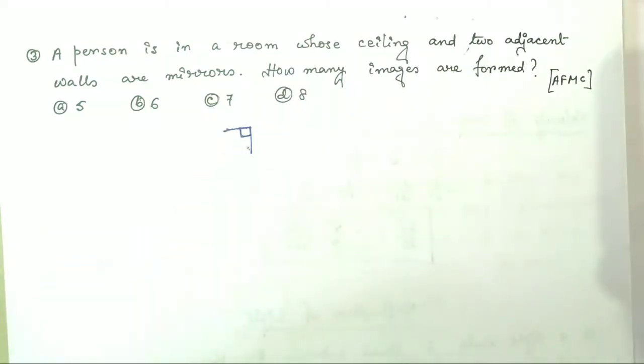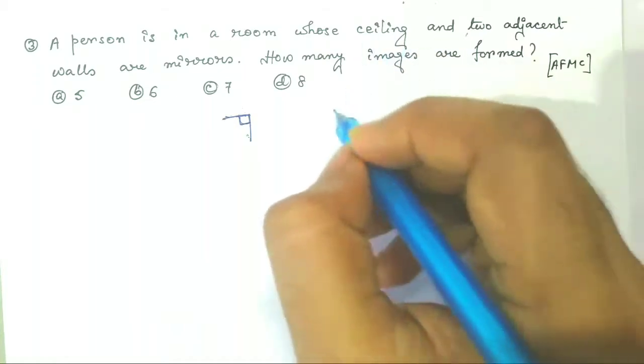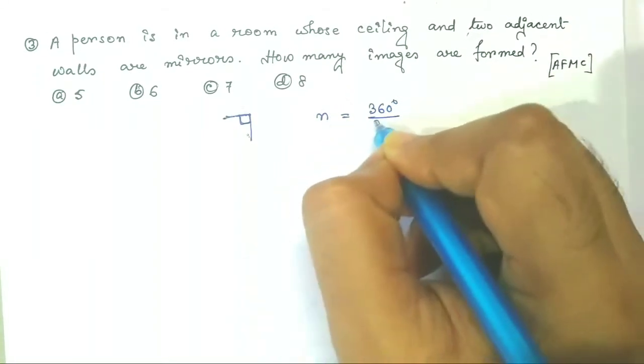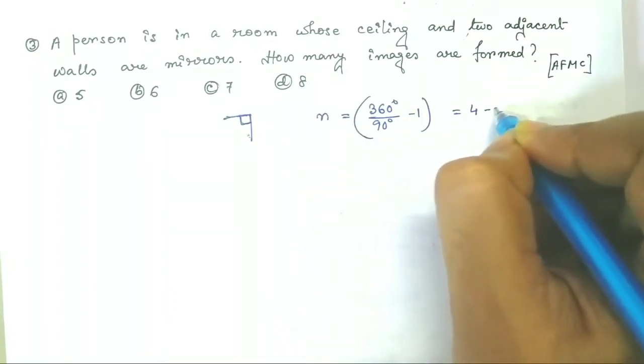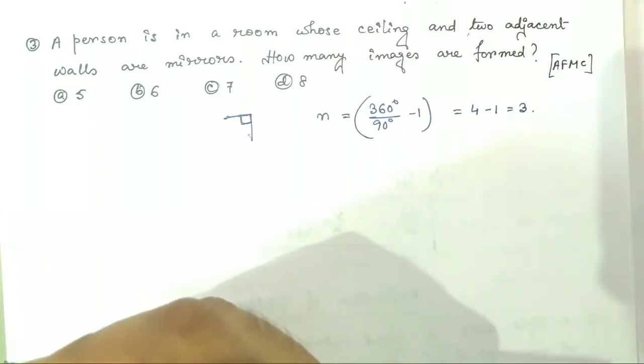First consider these two adjacent walls as mirrors. If the angle between them is 90 degree, then how many number of images will be formed? N equal to 360 degree by 90 degree minus 1. That is 4 minus 1 equal to 3. Now consider the ceiling as a mirror.